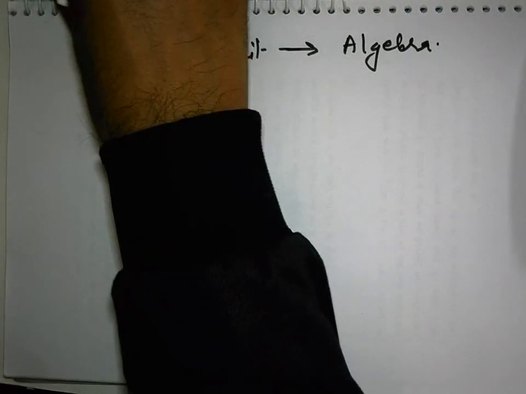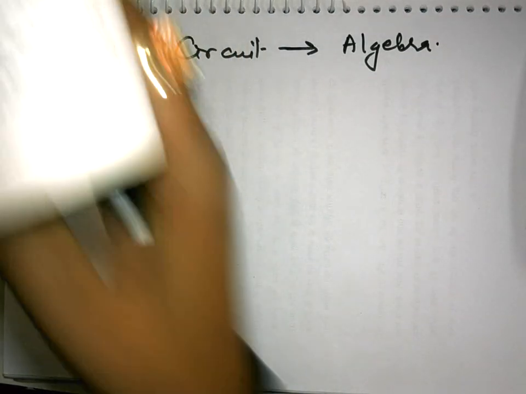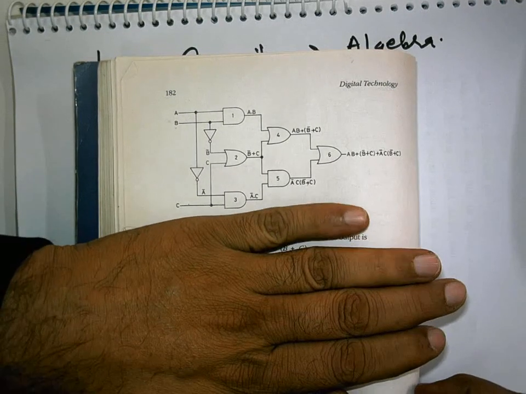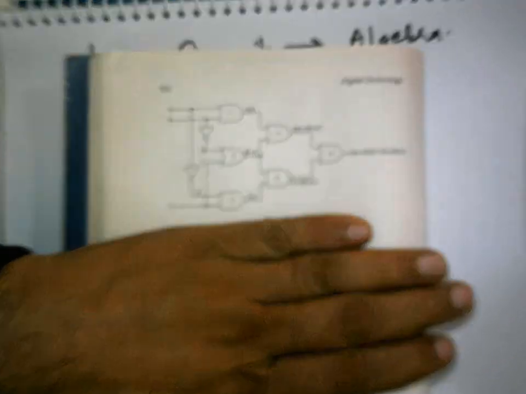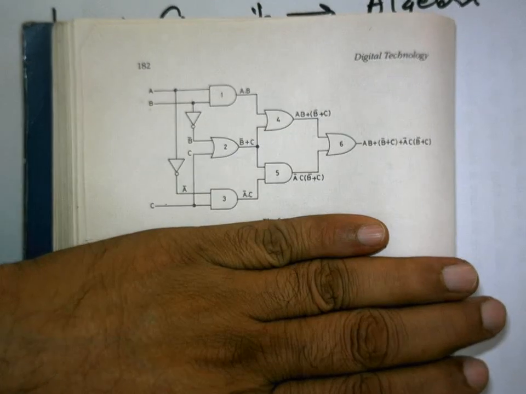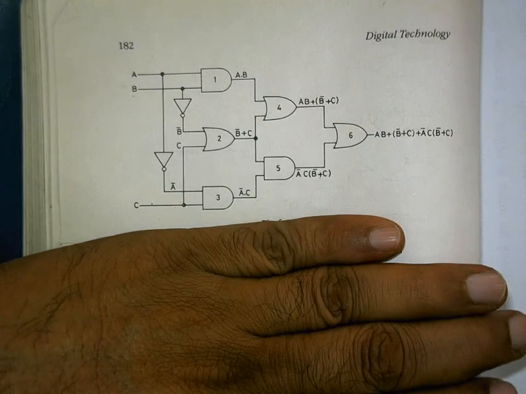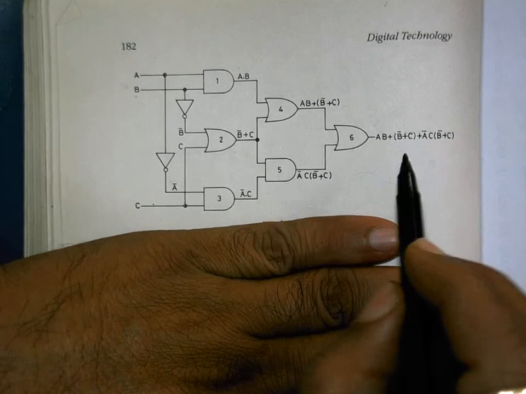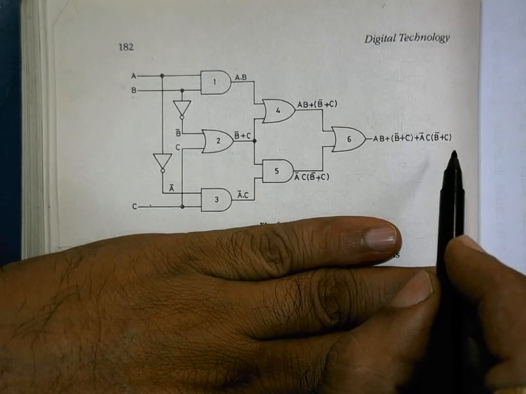This circuit will take quite some time to draw, so because of it I am putting it over here. Suppose this logical circuitry is given to you, and you are asked to write down the ultimate expression, this is very simple.